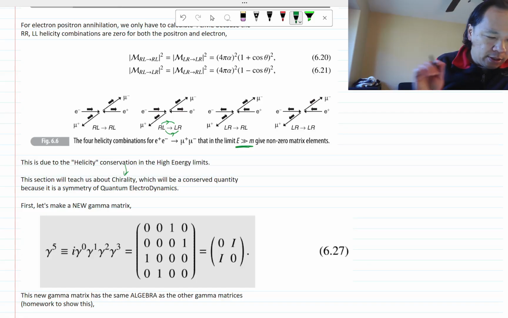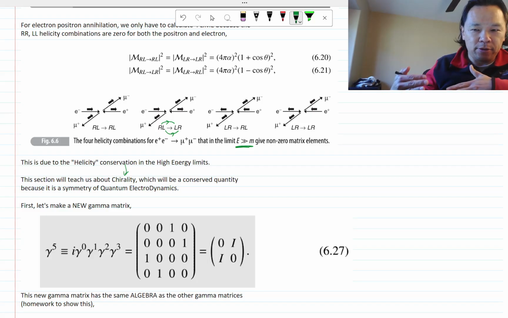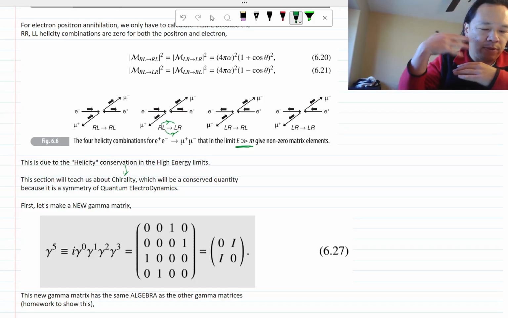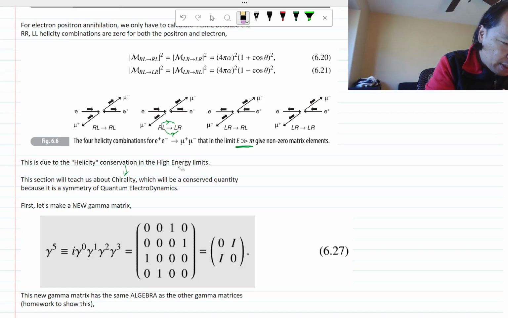So this is more of a case where you know what the answer is supposed to be, and now we just have to make up some operators and some algebra in order to satisfy that. All right, so this is where chirality came from.